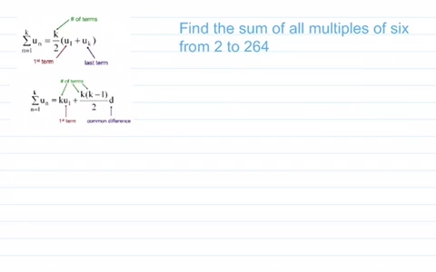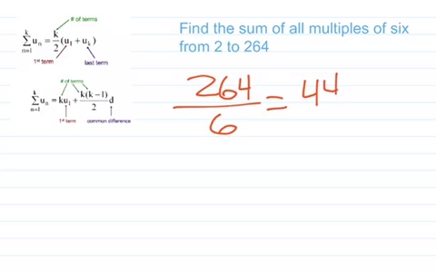Okay, so for this problem, we are going to use the first equation because we know the first and last term. We're going to take 264 and divide it by 6 because we know the multiples from 2 to 264, which equals 44.